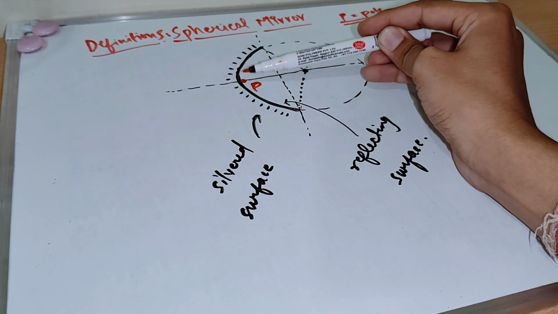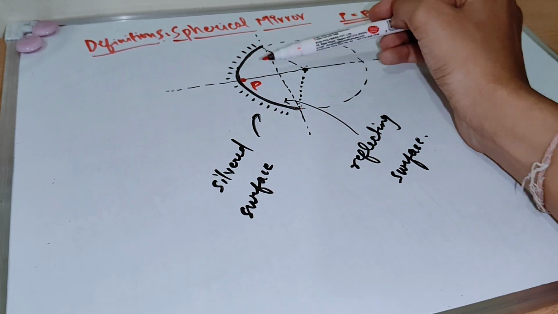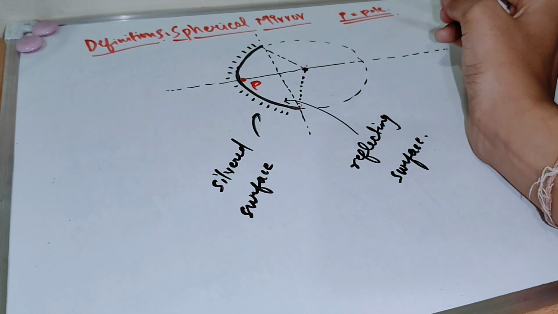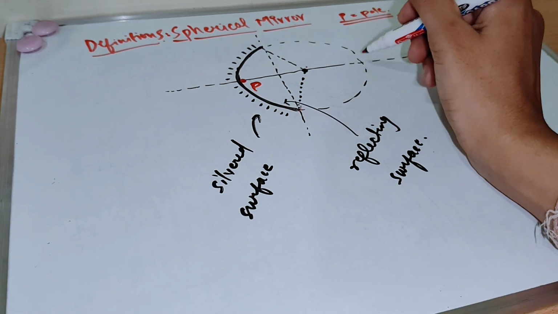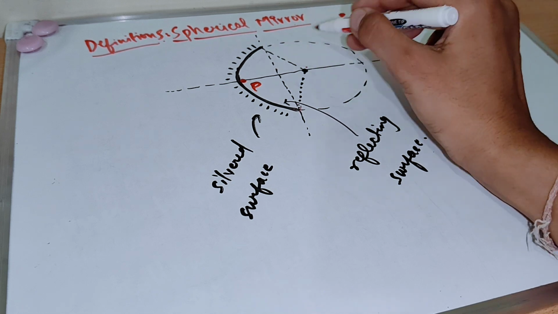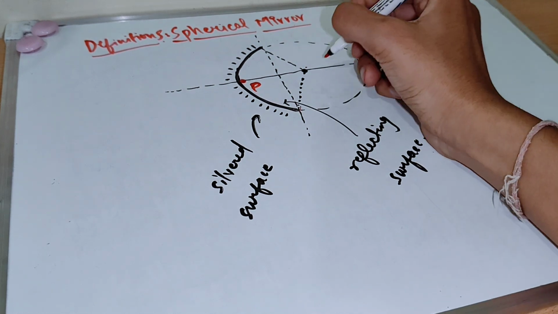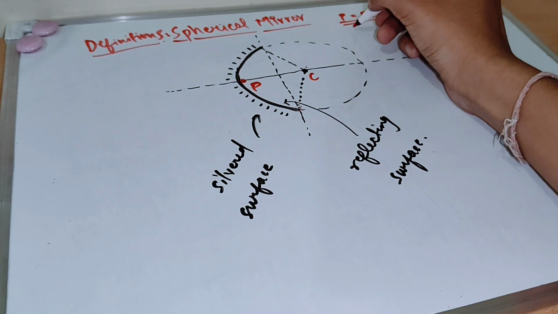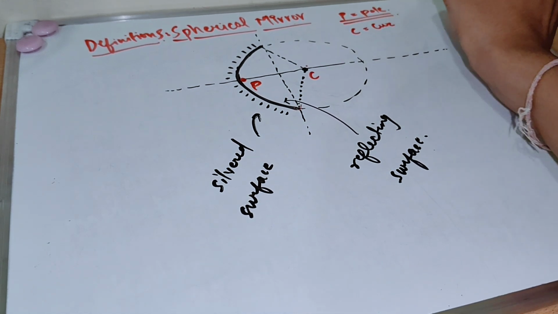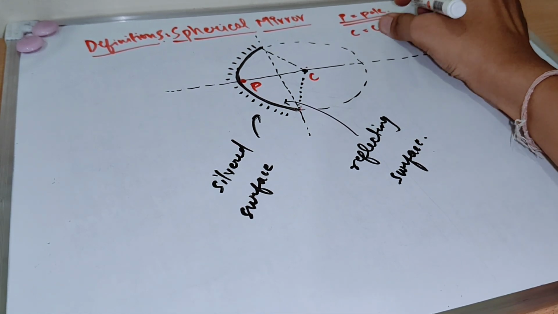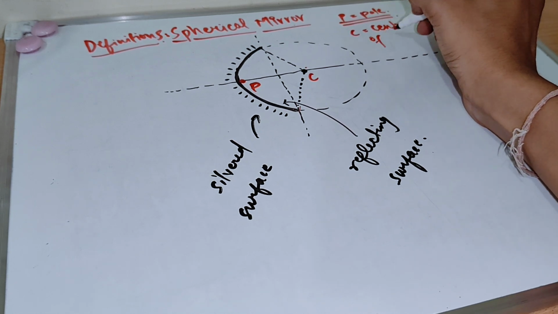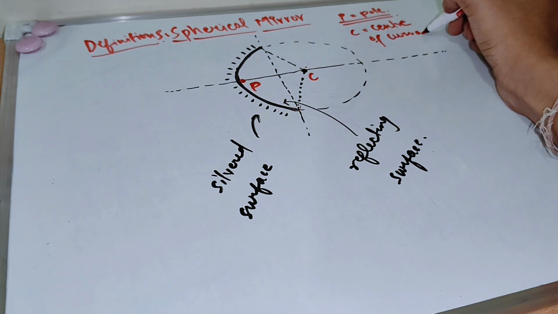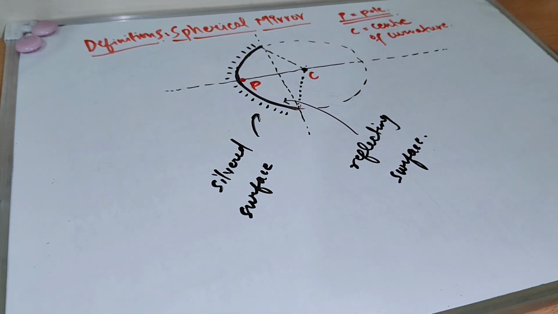So this point is known as the pole. Now the very center of the sphere that we had cut out our mirror from is known as C, and this is the center of curvature.